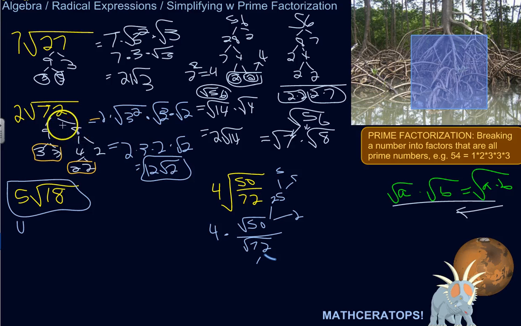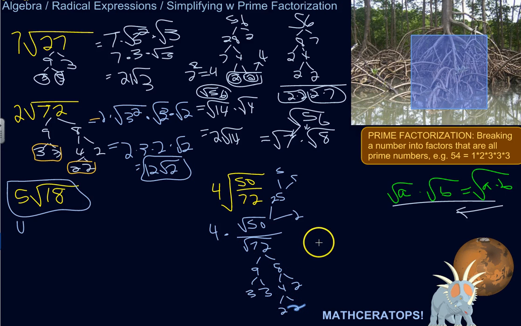We already did square root of 72. So we know 9 times 8, 3 times 3, and we know 8 breaks down to 4 times 2, and then 2 times 2. So we've got 3 squared, 2 squared, and 2.